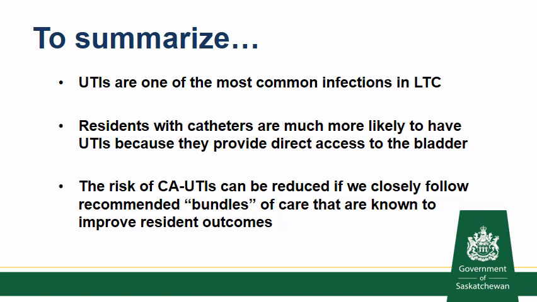Almost 80% of the UTIs found in long-term care are in residents with indwelling urinary catheters because they provide a direct opening to the bladder either for the resident's own bacteria or bacteria that may come from their environment or through contact with healthcare workers. If we include bundles of care that are known to reduce the risk of catheter-associated urinary tract infections, this will greatly improve health outcomes for our residents.